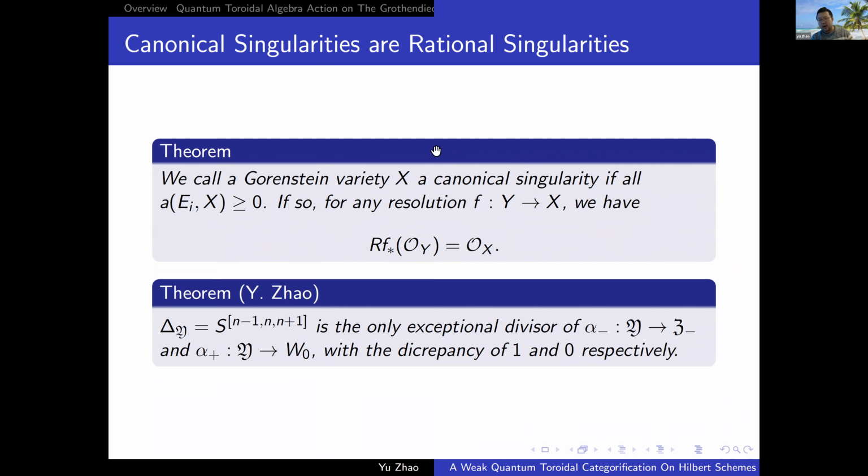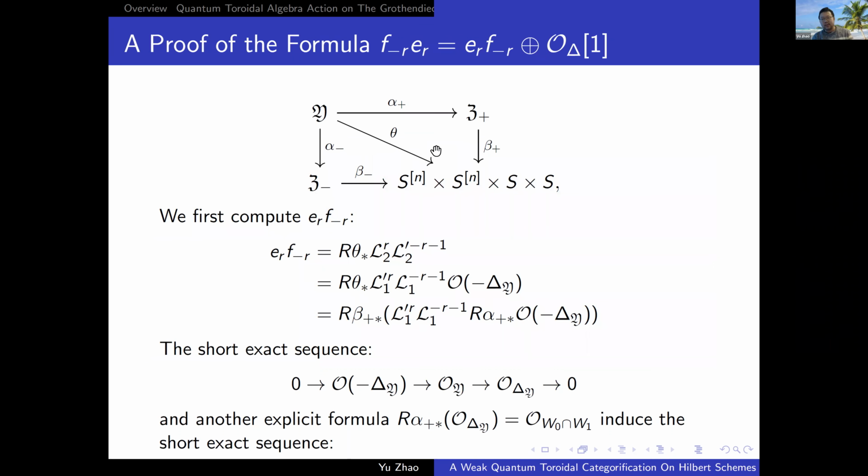So now I want to show how to integrate them to give a weak classification. The case of H^k in general would involve a lot of computations, and I have no plan to show it over here. But I want to make an example for the H^0 case. So we want to show that f^{-1} is really Rf^{-1} direct sum of delta 1.